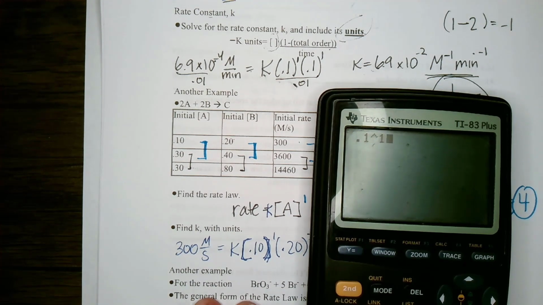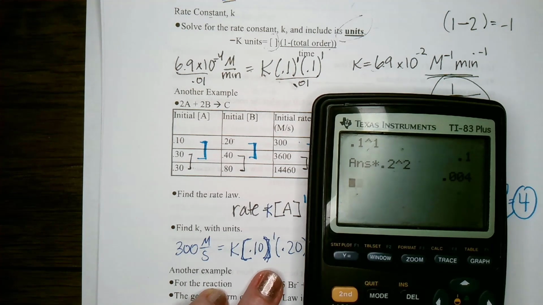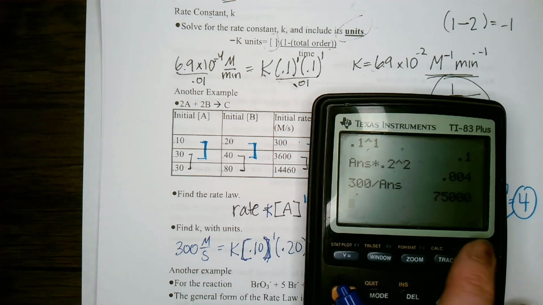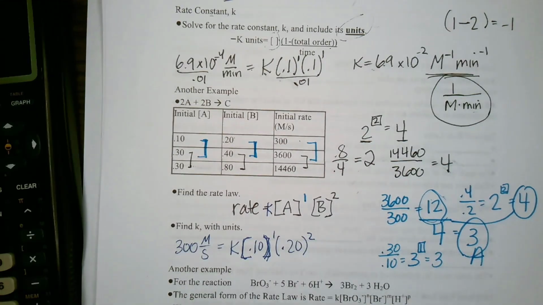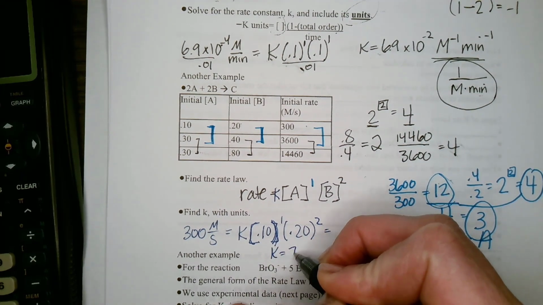Now I'm going to use my calculator here and do 0.1 to the 1 times 0.2 to the 2, and then I'm going to do 300 divided by the answer to get K by itself. Should get 75,000.